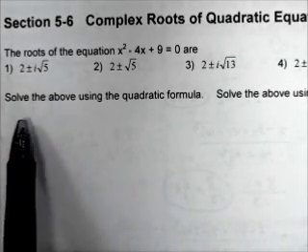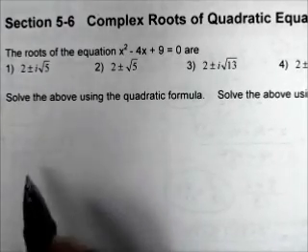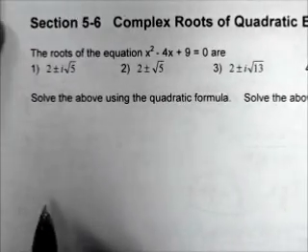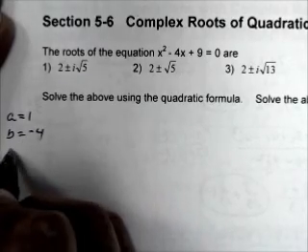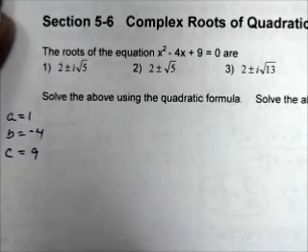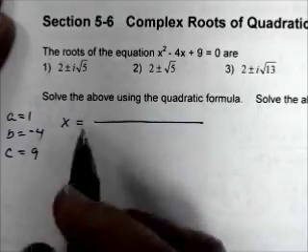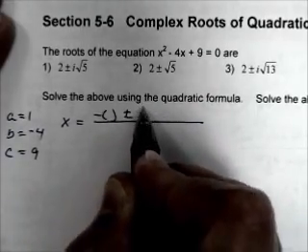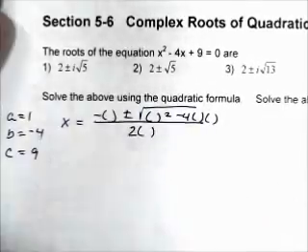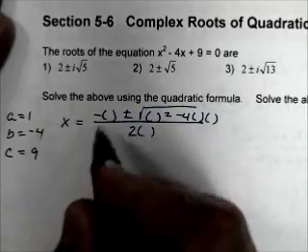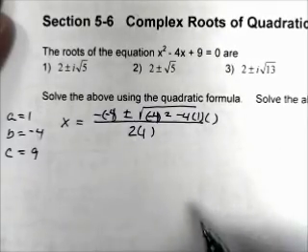So we're going to go about doing this by solving the above using the quadratic formula. So let's note our values for a, b, and c. A is 1, b is -4, c is 9. We'll plug our values into our formula. x equals -b plus or minus the square root of b squared minus 4ac all over 2a. -4 in for b, 1 for a, and 9 for c.